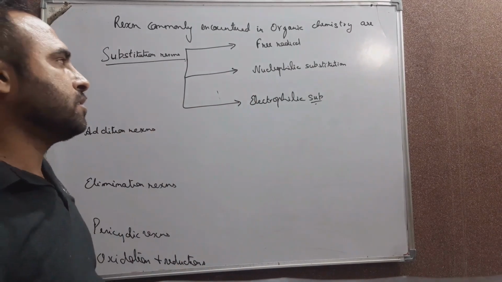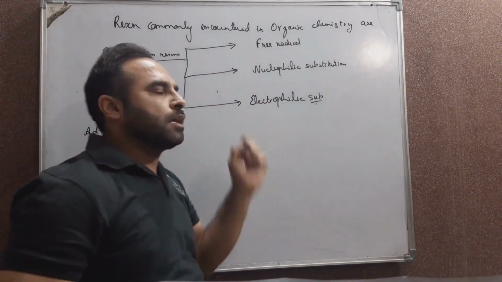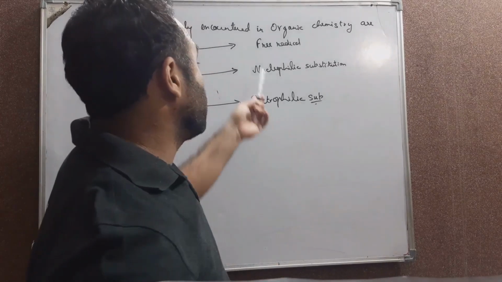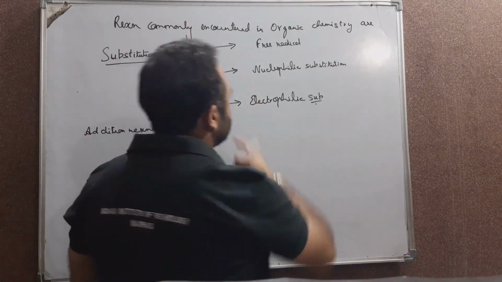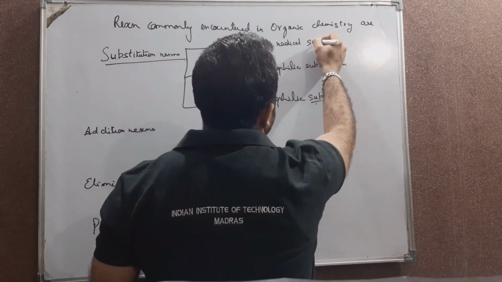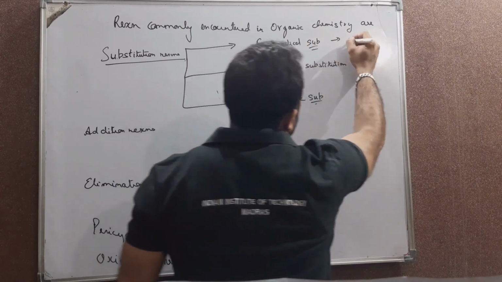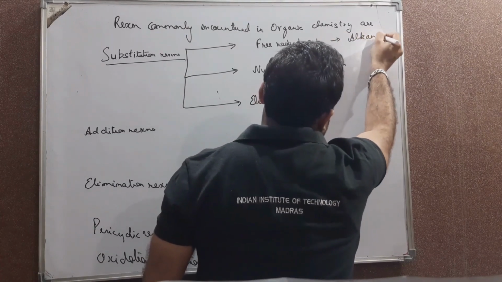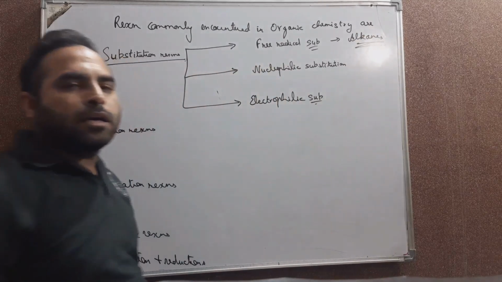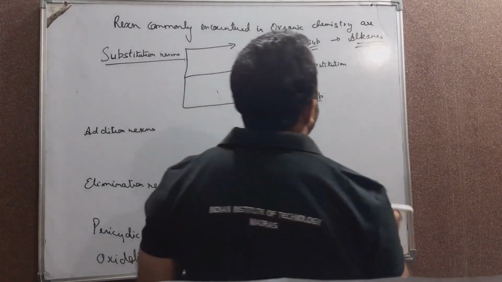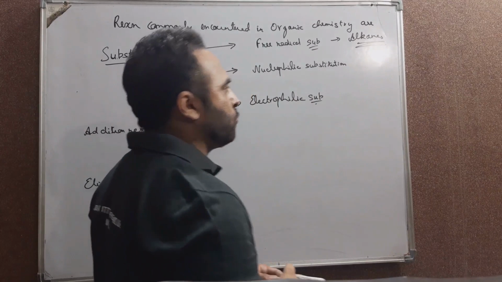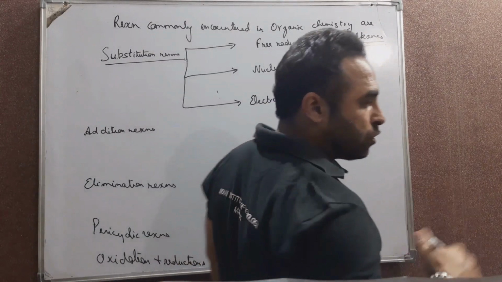Free radical substitution reactions, particularly, are demonstrated by alkanes. Why? Because a free radical will be generated. I will go into details later on.